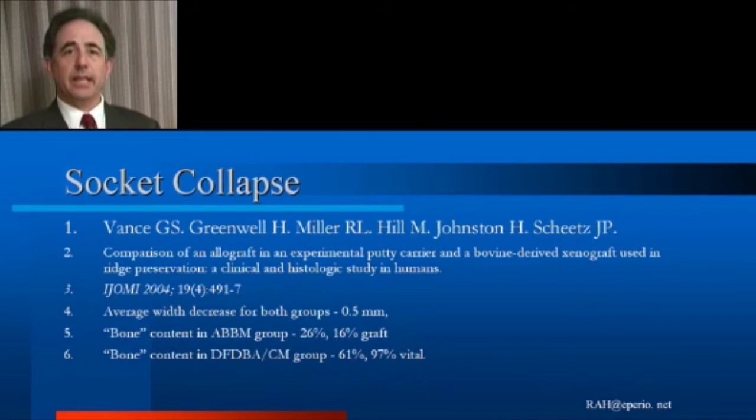Vance and Greenwell, in another study out of the Kentucky group, used demineralized freeze-dried bone combined with Calmatrix, a calcium sulfate product with a bone graft enhancer in it, and showed 97% vital bone formation in the socket. 61% by volume of the grafted site became bone with 30% marrow spaces, but almost 100% of this was vital bone with very little residual demineralized freeze-dried bone remaining.